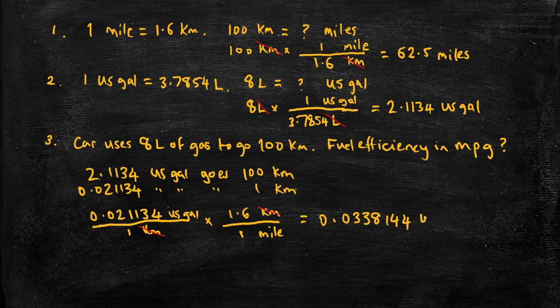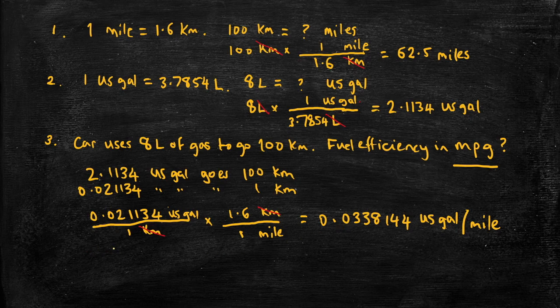So where are our units up to now? So this is US gallons per mile. Okay, but that's not quite what we want. We want miles per gallon, not gallons per mile. Okay, so we need to take the reciprocal of this.